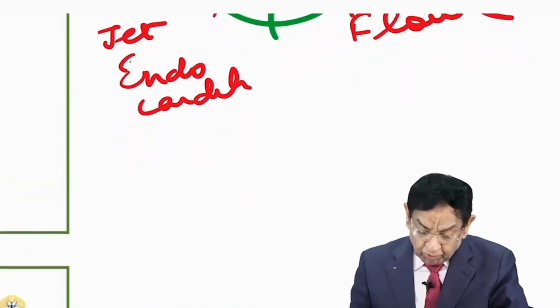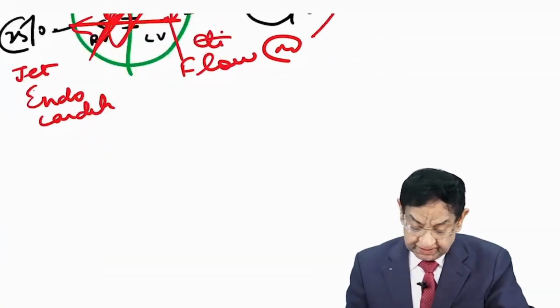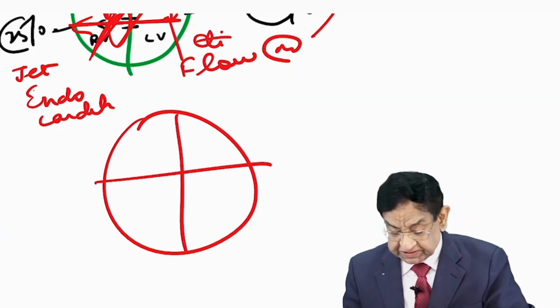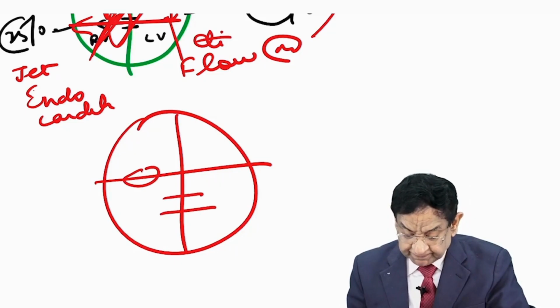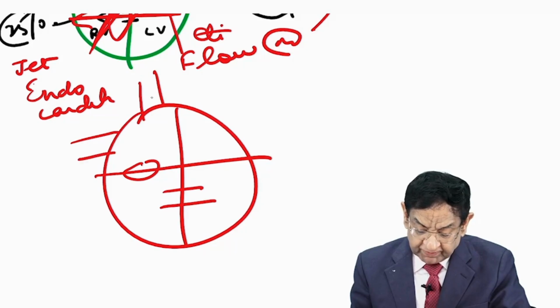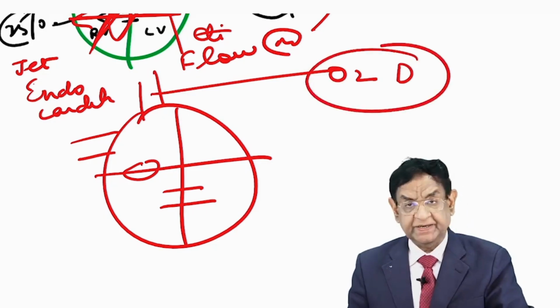But what is more important, if you do the catheterization study in VSD: catheterization study, tricuspid valve, VSD. So this is the inferior vena cava, superior vena cava, you take oxygen. It is deoxygenated.